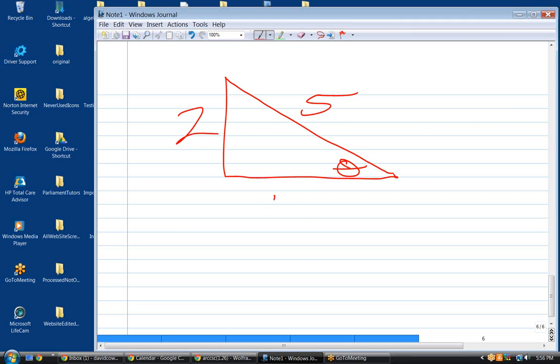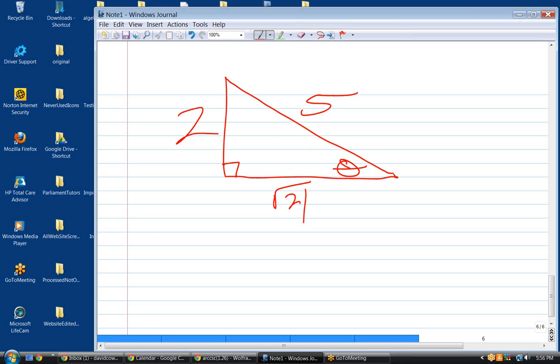So this is square root of 21. Okay, and what do they want? They want you to fill in the blanks for those trig functions? Okay, let's just do all 6 trig functions.